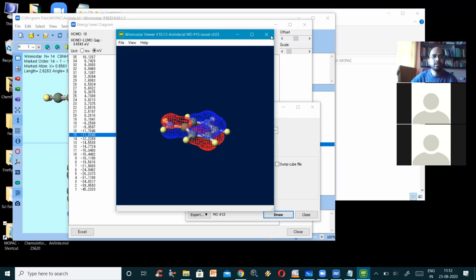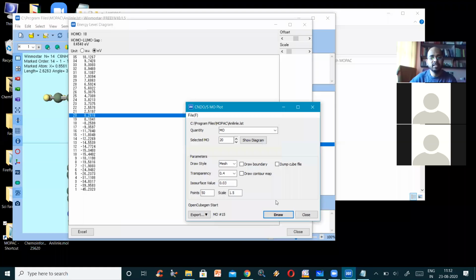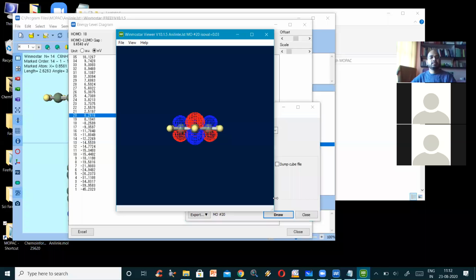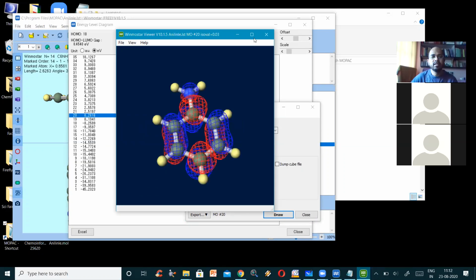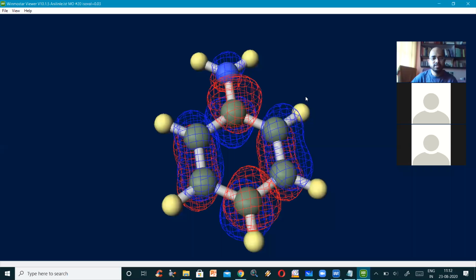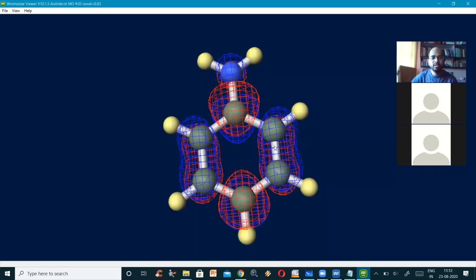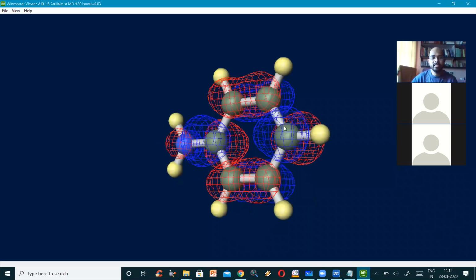Let me take another orbital, that is about 20. I'll just draw it again. Here you can see. Can you see this? I can just enlarge it. Now you can see this particular 18th orbital has a different character.